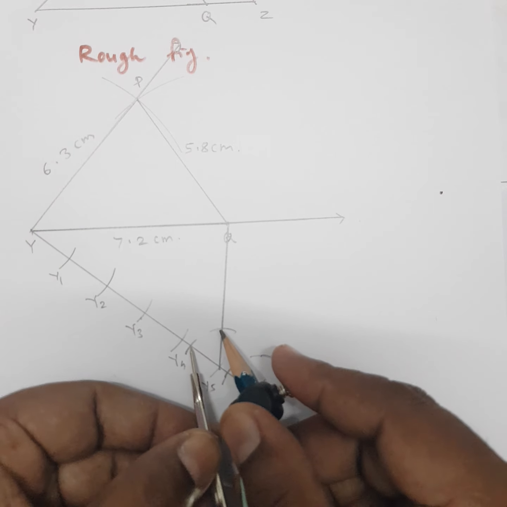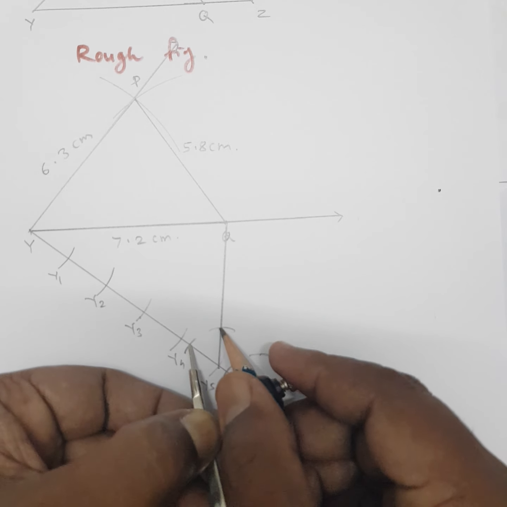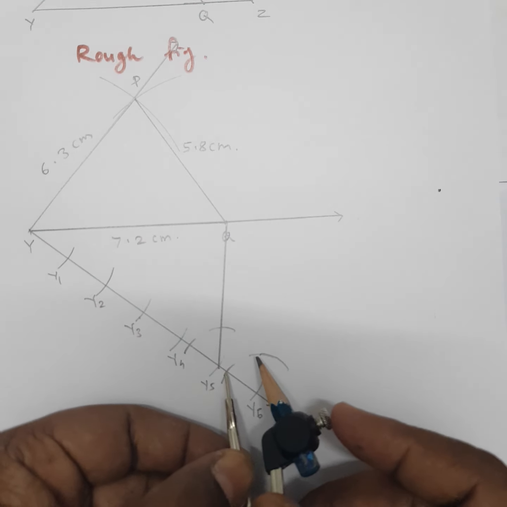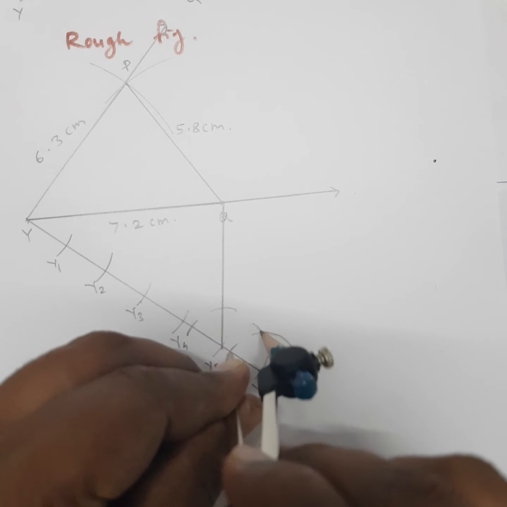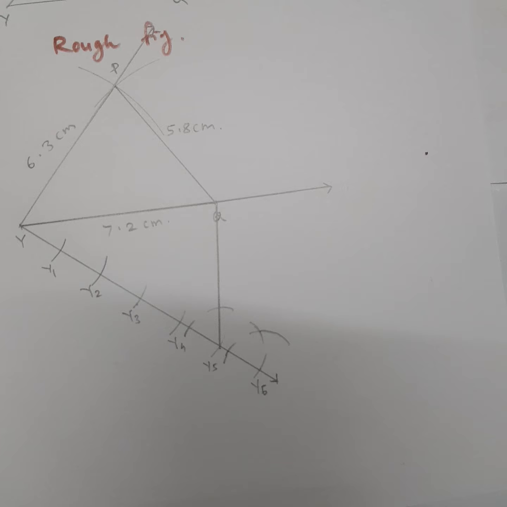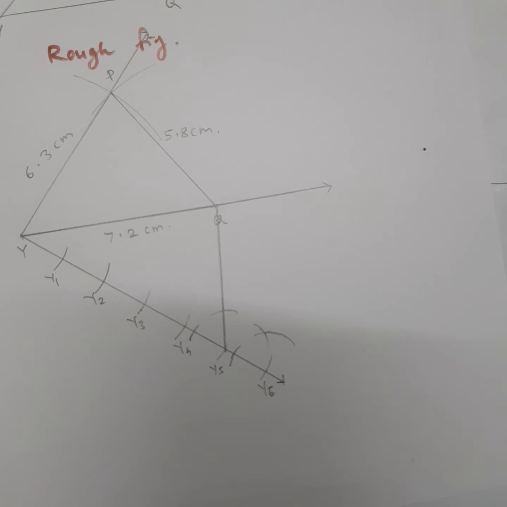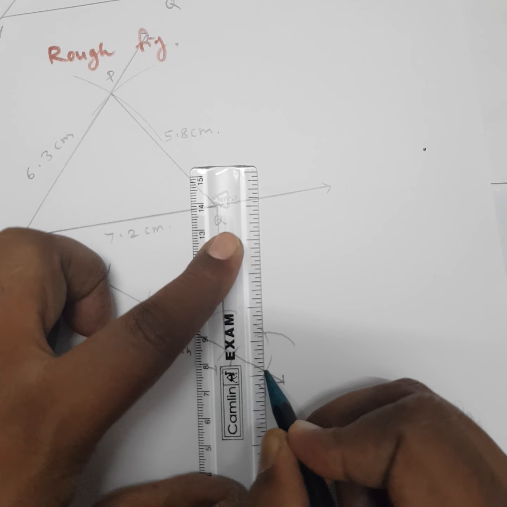Now we will take distance between two arcs, similar distance in the two arcs here. Now draw the line through these 2 points. Like this.